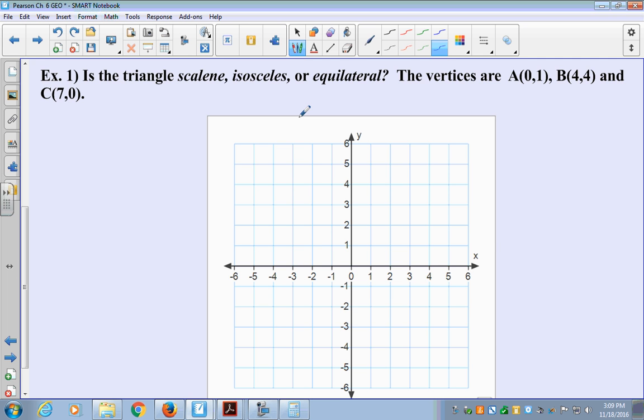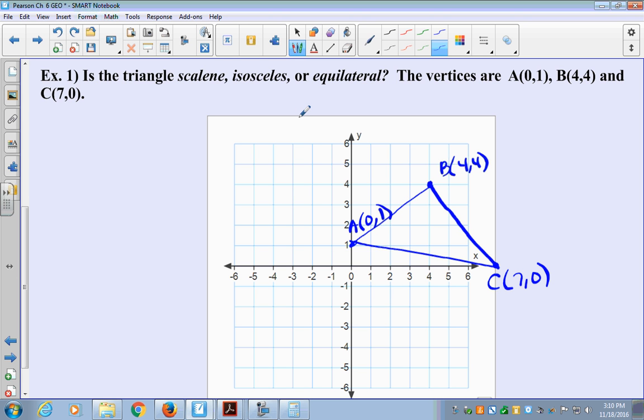So when we have a over 0 up 1, go ahead and label it A (0, 1), B (4, 4), and C (7, 0). Okay, so this creates a nice little triangle. Go ahead and draw that on your paper.